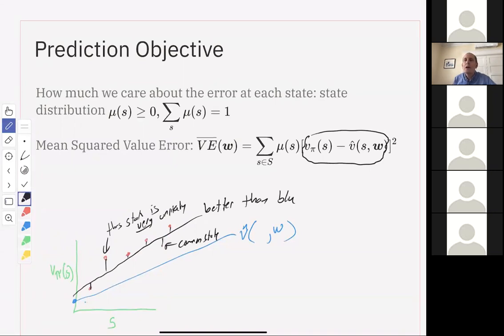So it makes sense to weight the errors based on how likely you are to actually see that state. And so that's what our mu here is going to be. Our mu is basically just a distribution function that tells us how likely we are to be in a particular state. Make sense? Any questions at this point?